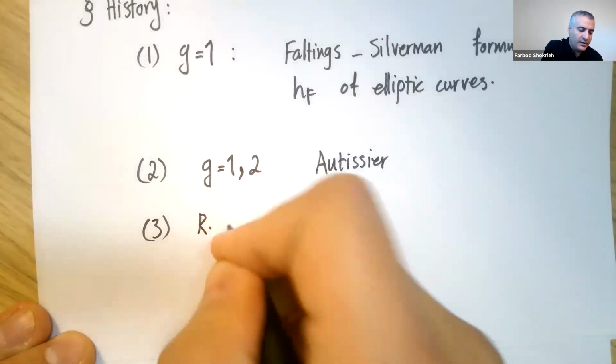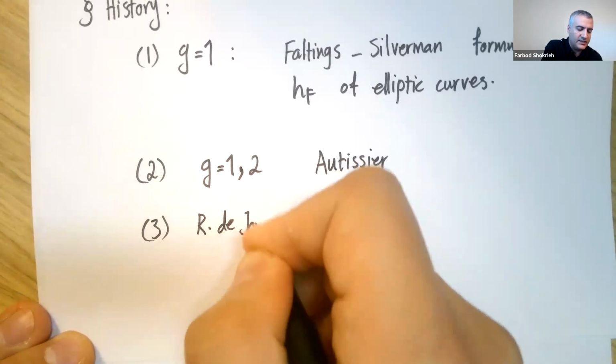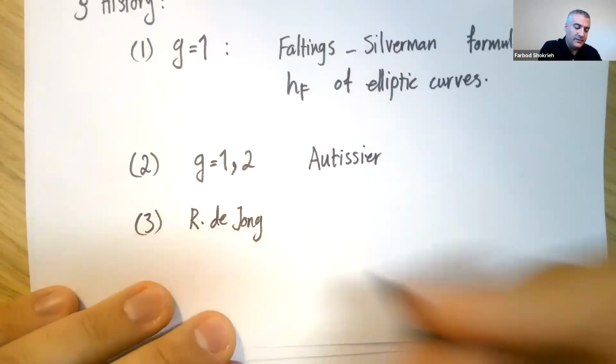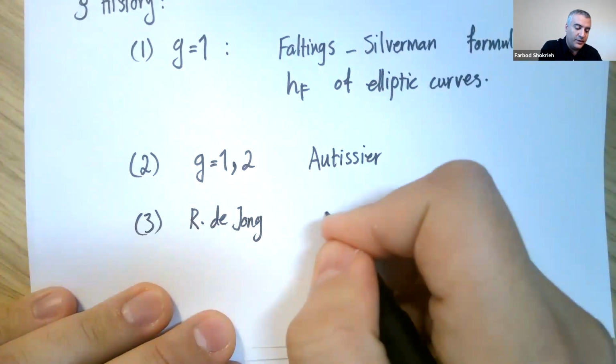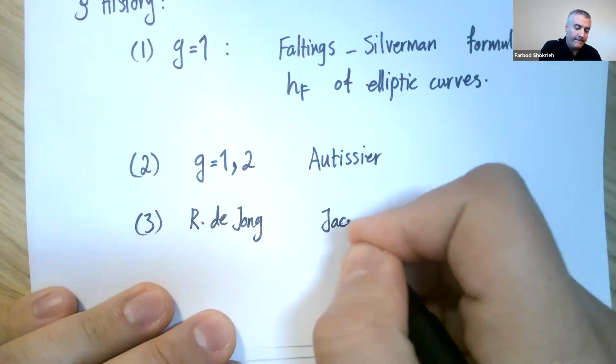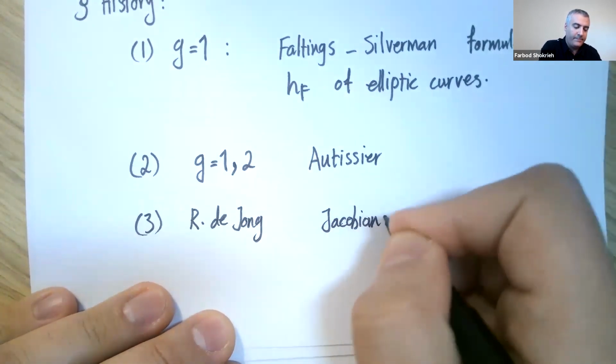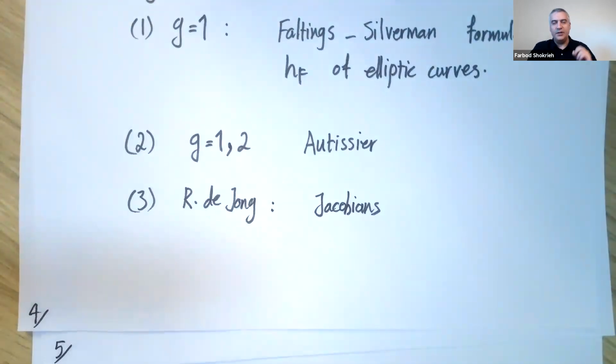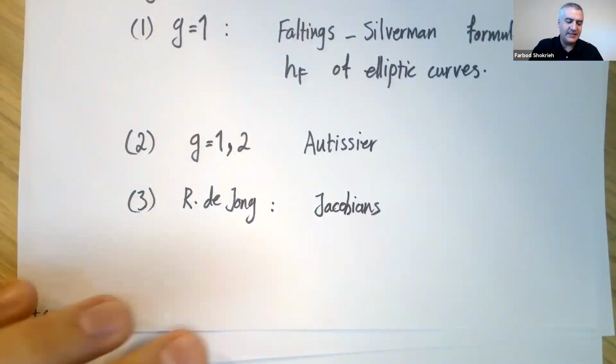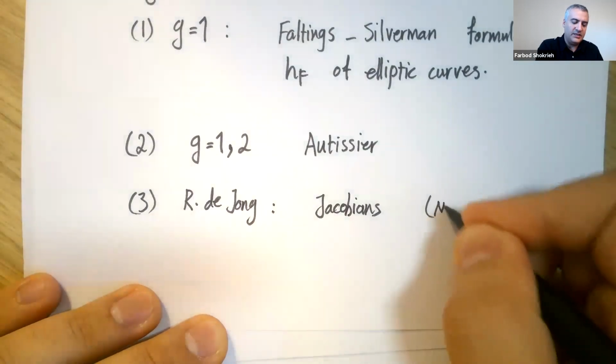My co-author de Jong had solved this for Jacobians, but not phrased in terms of moments.